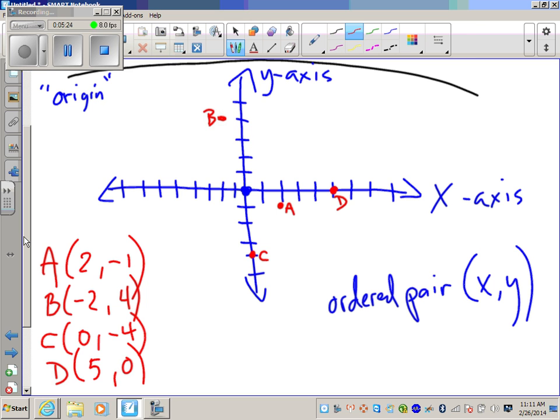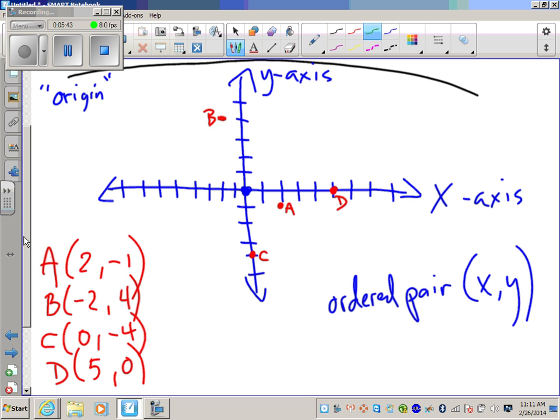Now, each of these 4 sections, you've got 4 sections here. These are known as quadrants. Okay. And within each quadrant, you're going to have different combinations.